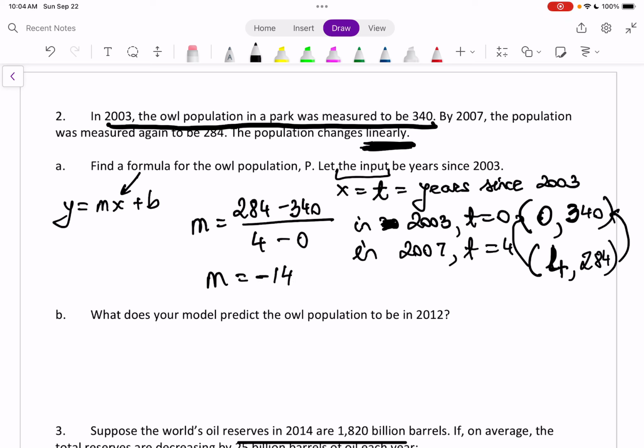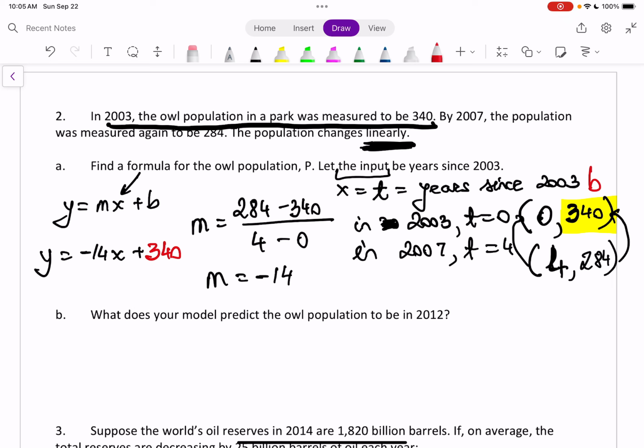So that simply means that the owl population goes down by 14 every year, right? So I have all the information given. The slope is negative 14. The y-axis intercept is the point where x is 0, right? So therefore, b is 340, our initial value at time 0, which we considered the year 2003.